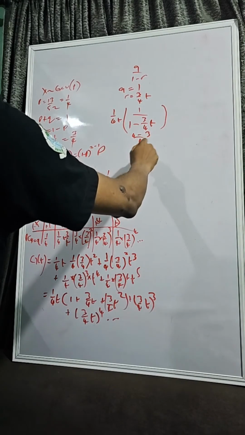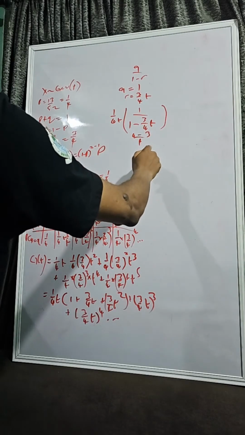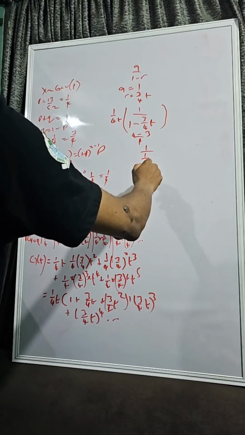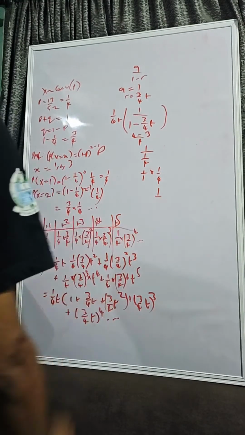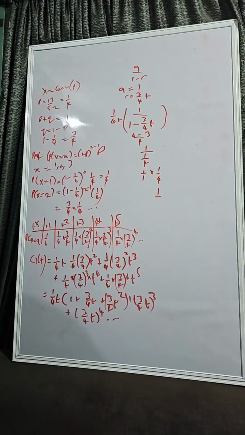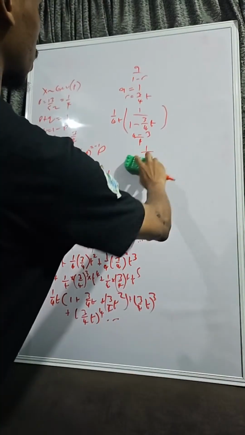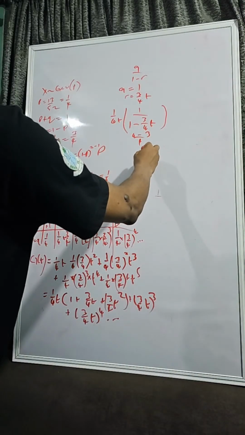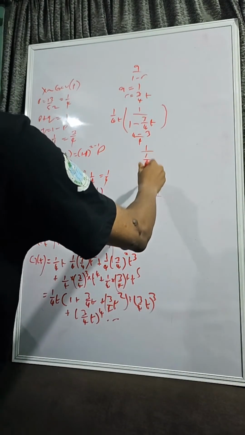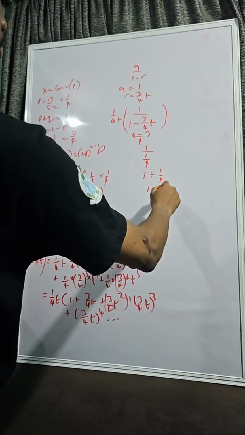So this is the same thing as 1 over 1 over 4, which is the same thing as 1 divided by 1 over 4, which is the same thing as 1 times 4 over 1.